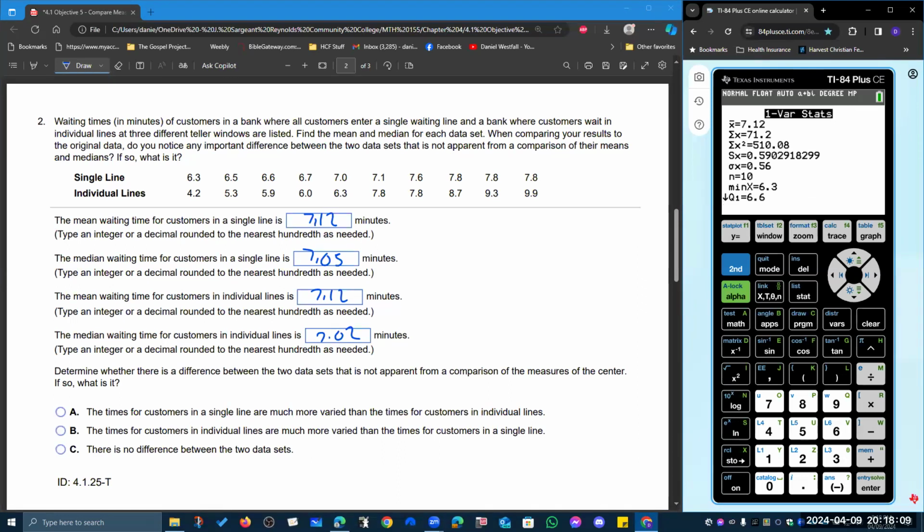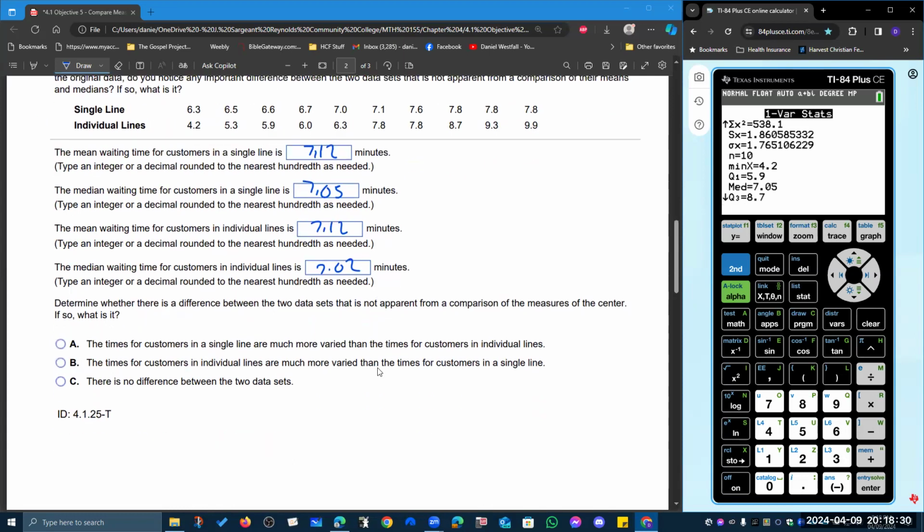Yep. And stat, calc, one variable statistics. And okay, so now is there a difference between the two data sets that is not apparent from a comparison in the measures of the center?